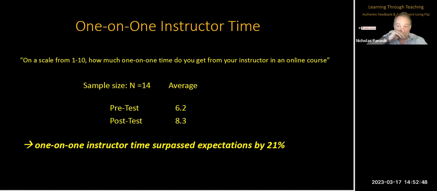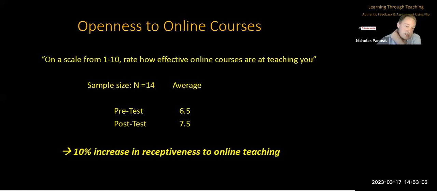In terms of their conceptions of how much time they thought they would get in an online course versus how much they actually got, it surpassed their expectations by about 20%. Then this was another question I thought was interesting to ask. I asked them how effective online courses are at teaching you.